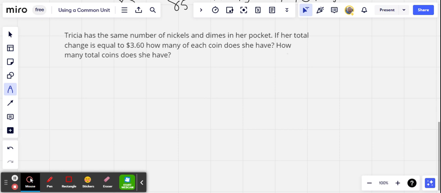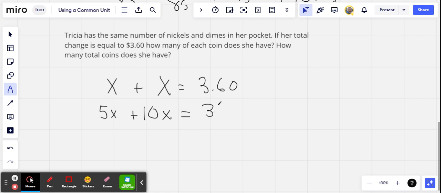So here, they're the same. So it's going to be x plus x equals 360, $3.60, right? So then we're going to plug in nickels and dimes. So it's going to be 5x plus 10x equals 360.